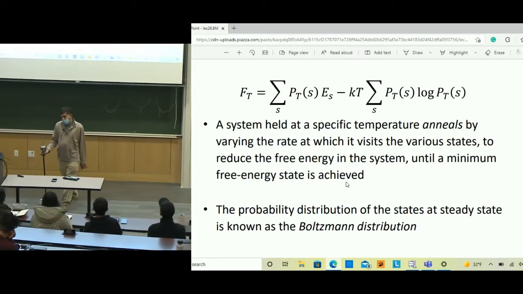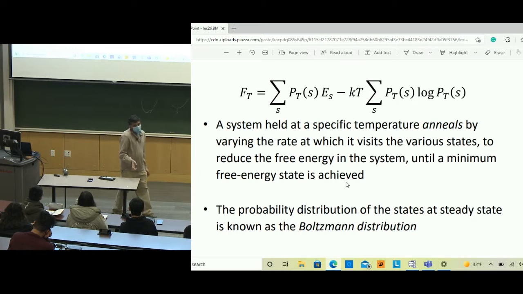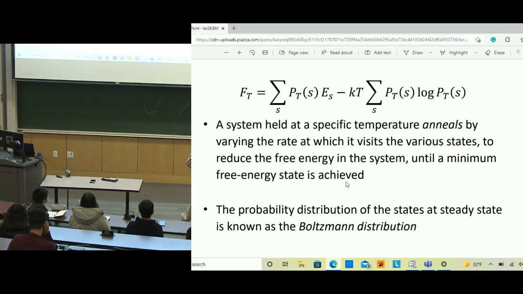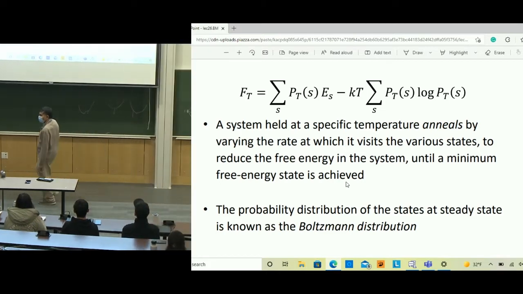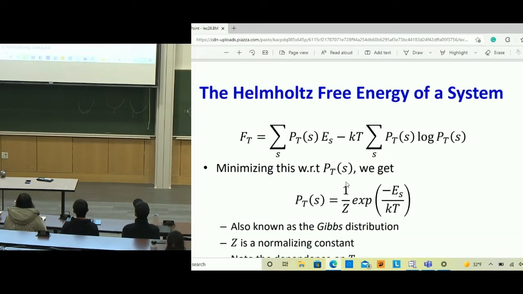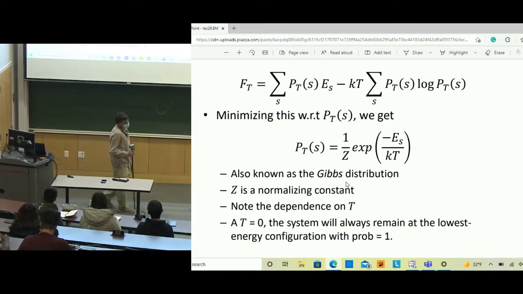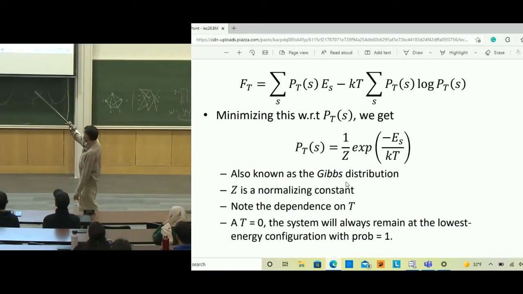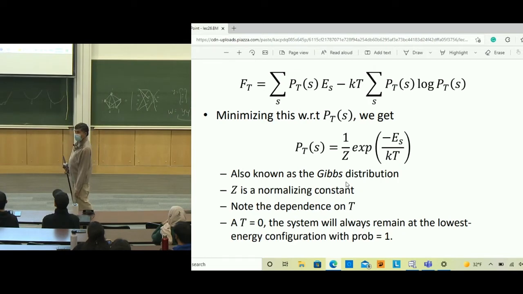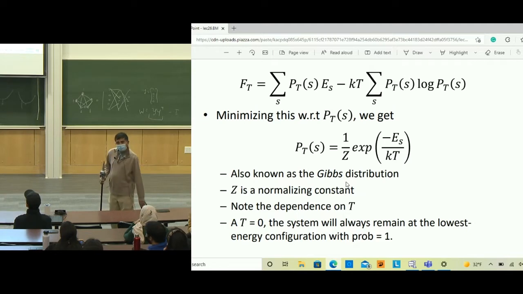And if you actually work out the arithmetic, which is to say you just take the derivative with respect to P(s) and find the P(s) at which this term becomes a minimum, it's a two-step equation, so you don't even have to work very hard at it. You're going to find that the system settles down when the probability distribution over the states is given by this little formula over here, which is: the probability of any state is proportional to the exponent of the negative of the energy of that state divided by kT.